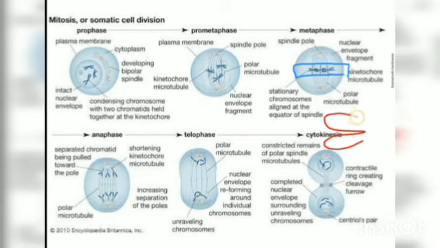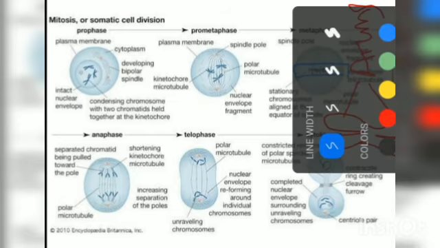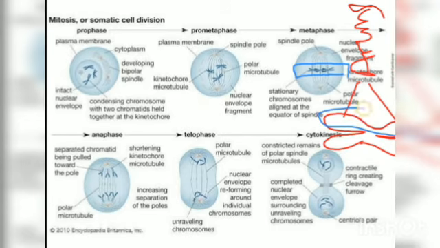If this one represents your chromosome, these two parts are called the arms of the chromosome. Okay, and this part is called your chromatid. This is another chromatid. You can see that one chromatid is coming towards one pole, and the other chromatid of the same chromosome is coming towards the other pole by separating from the equator region. Clear?